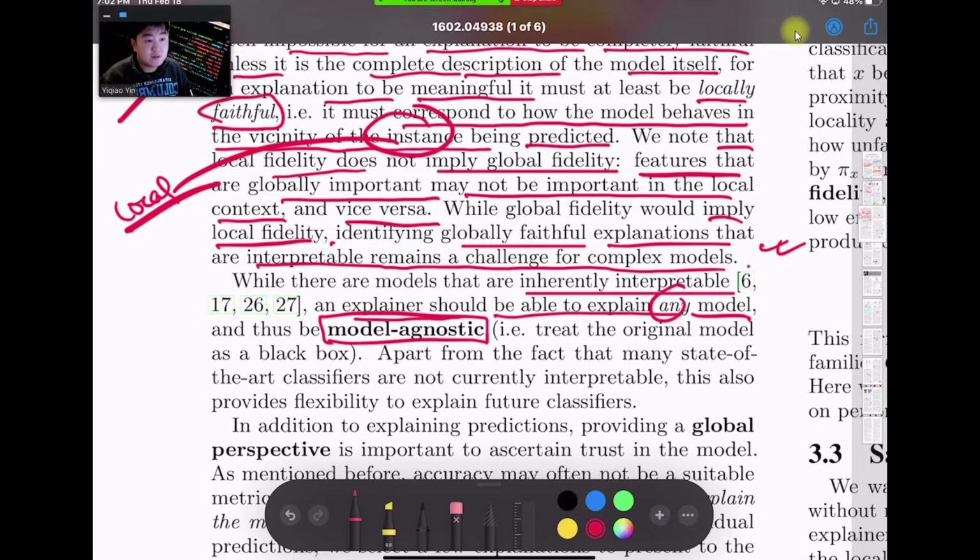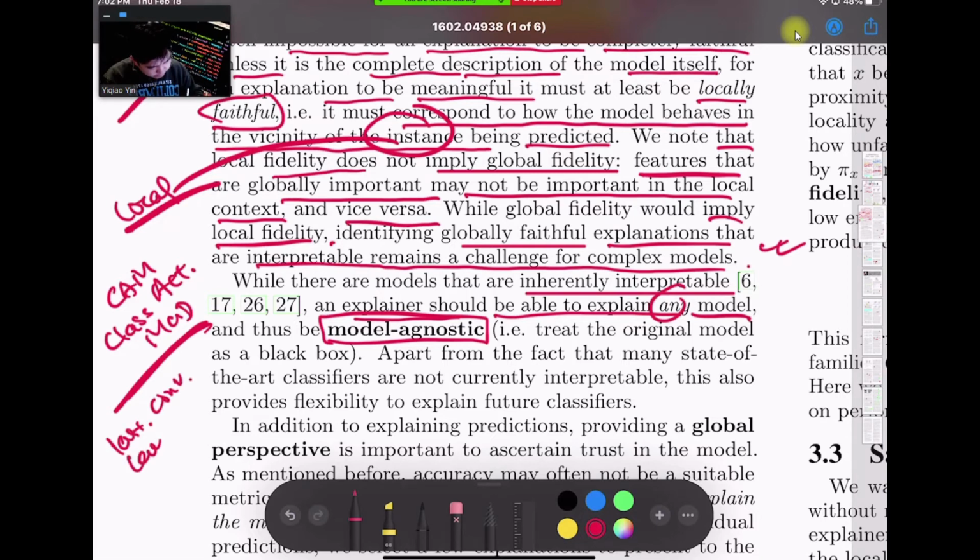If you are in the field and you may be aware of a technology called CAM, so that's going to be short for Class Activation Map. This CAM is also used widely in XAI literature, and one issue with CAM is it's specifically taken the last convolution layer of CNN.